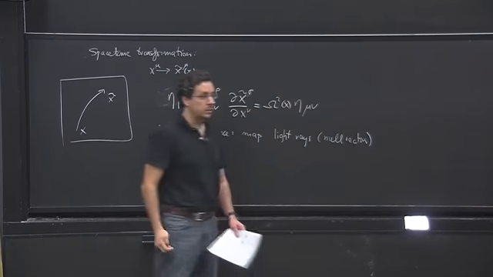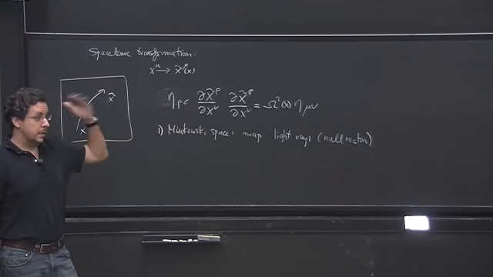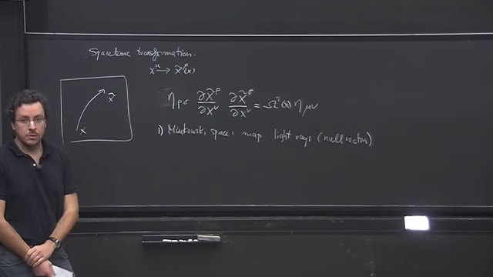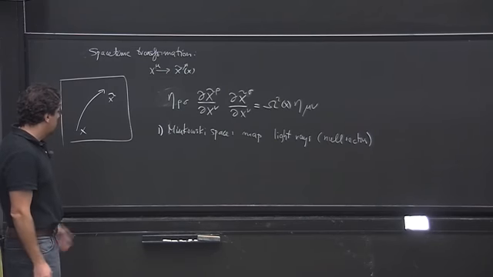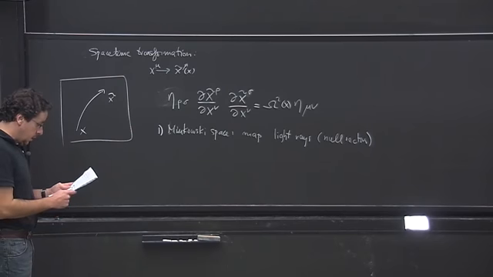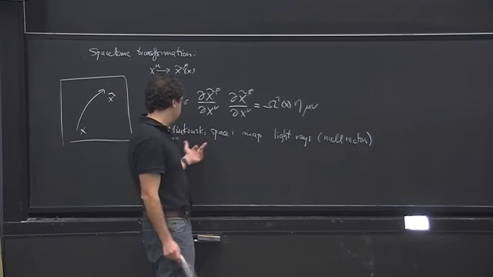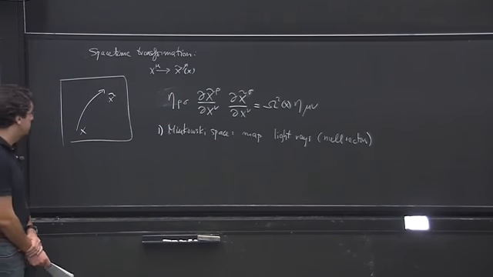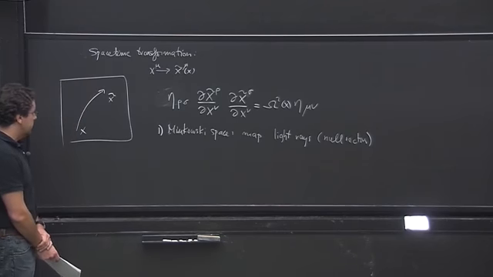Because if I have a null vector, with ds squared equals 0, that's of course preserved by a conformal transformation because it just multiplies 0 by a conformal factor. And in fact, the set of conformal transformations is the most general mapping of Minkowski space that maps null vectors to null vectors. So that's one very important property of conformal transformations.